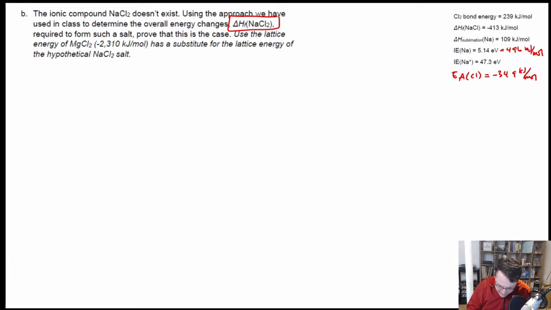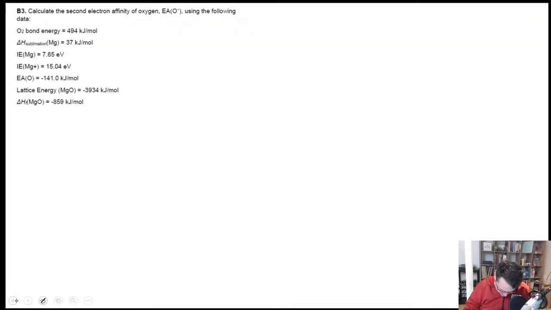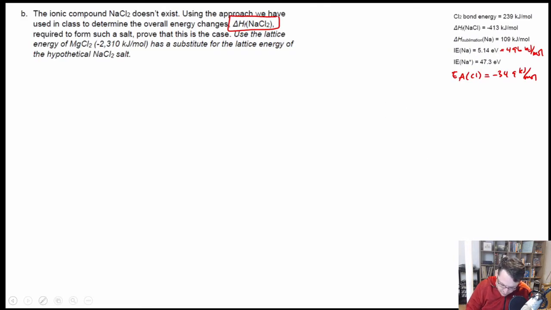So if we take 47.3 electron volts, right? We multiply that by 1.60218 times 10 to the negative 19 joules, right? EVs cancel.